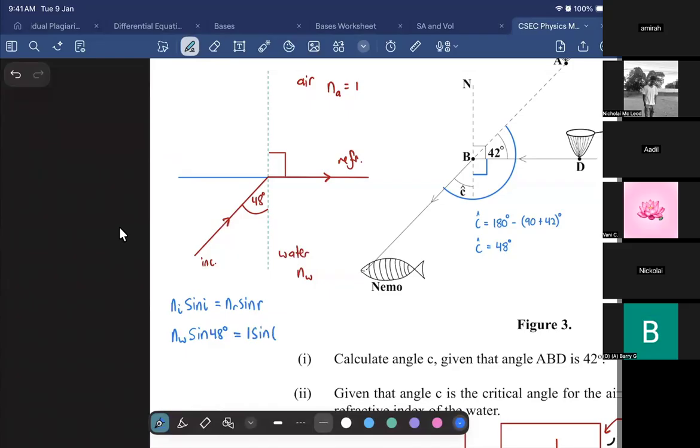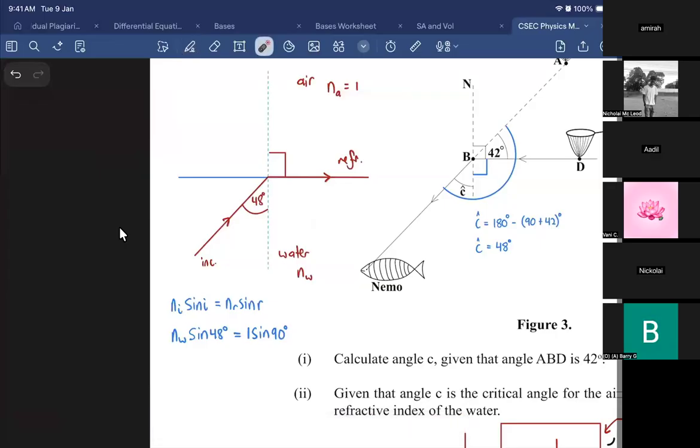What's the angle of refraction? 90 degrees. Right, Vani, let me know if that makes sense. Yeah, it makes sense. Because Vani, at the critical angle, what is the angle of refraction? 90. So do you understand why we said that r was 90? Yes, sir.